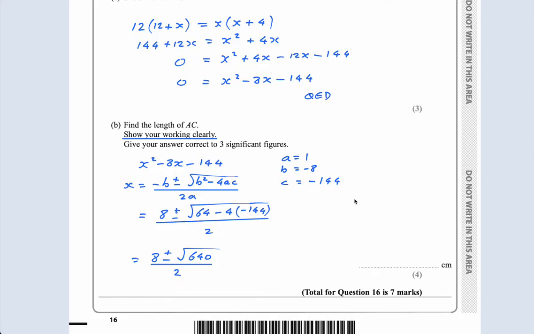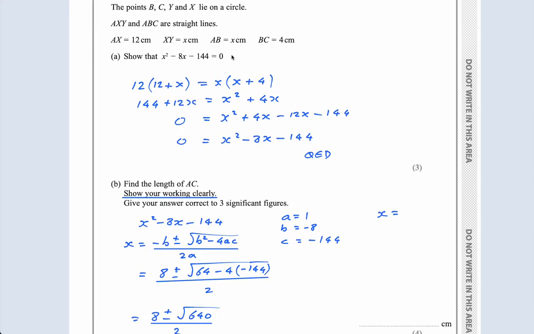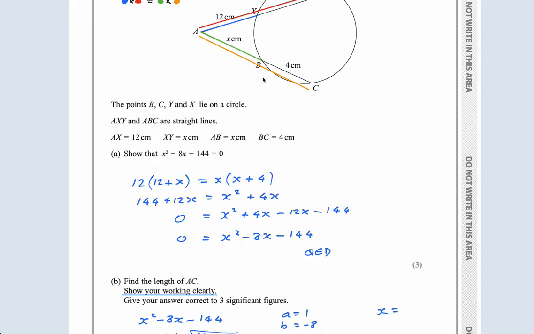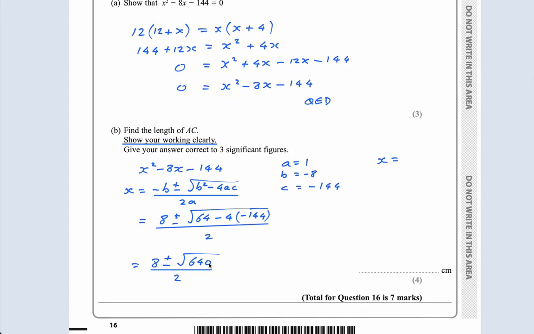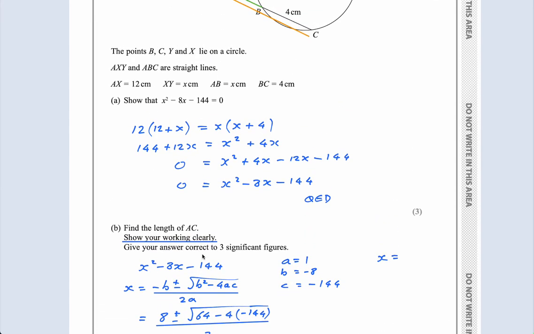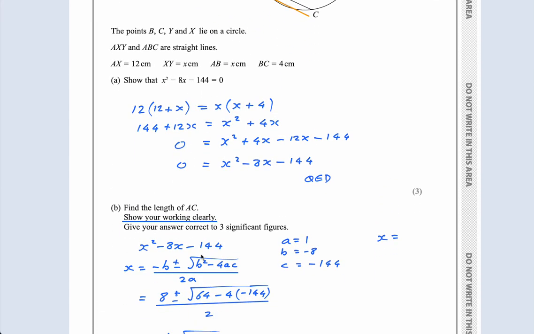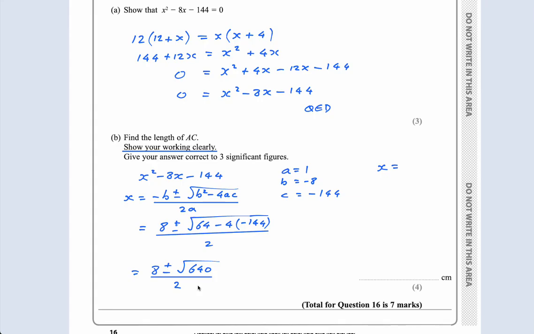I'll write it up here. x is equal to, because x is a length, it has to be positive. Now 8 plus this is positive, but 8 minus this is actually going to give me a negative answer. So I'm going to have to use the positive one.